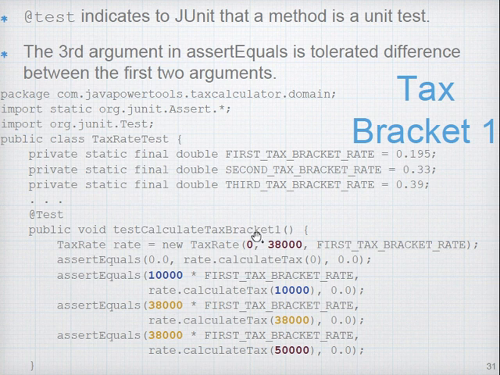Actually, this test function contains 4 small tests. This first test says if the income is 0, then I use this function. This is the function I'm trying to test right here.